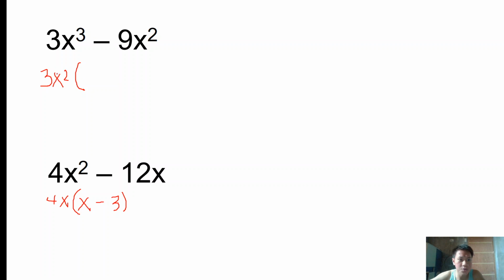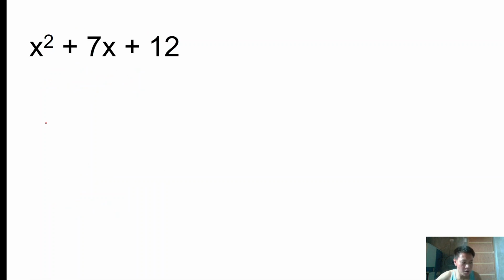Next, 3x cubed divided by 3x squared is simply x. Minus 9x squared divided by 3x squared is simply 3. So we have the factor of 3x cubed minus 9x squared is simply 3x squared times x minus 3. Okay, next example. Okay, kung papansinin niyo ito, mga binomial lang ito, dalawang monomial lang siya.